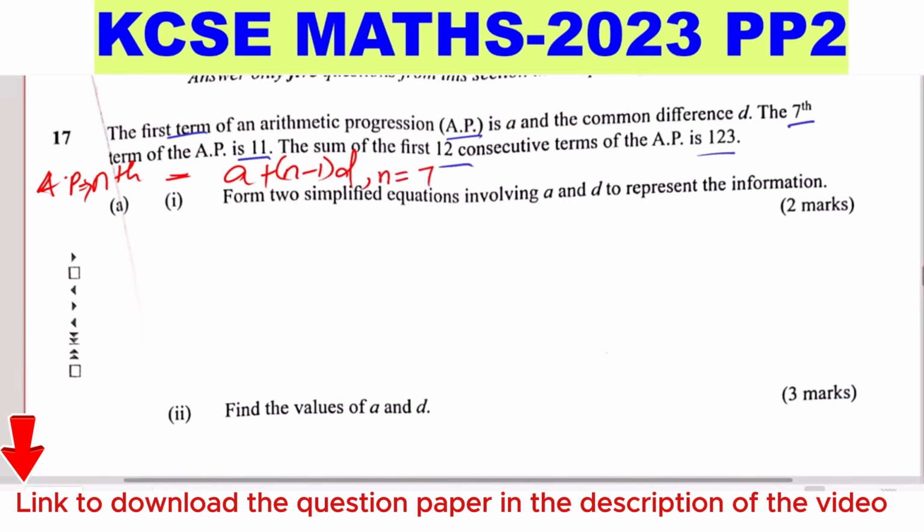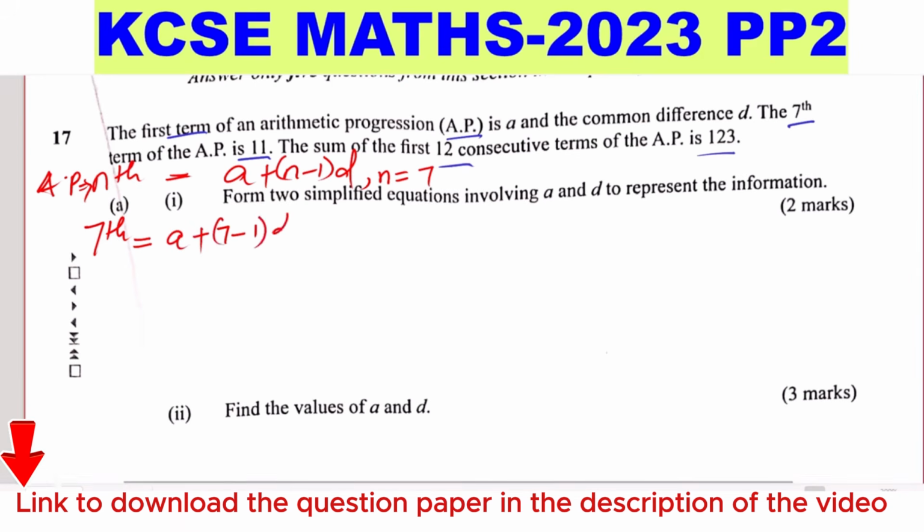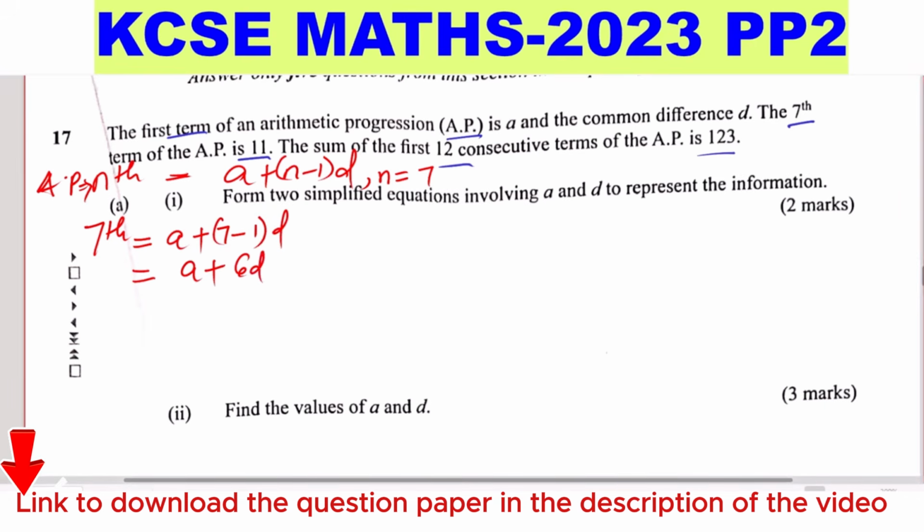You just need to substitute 7 in place of n. So the seventh term is A plus 7 minus 1, then D. So the seventh term is A plus 6D.